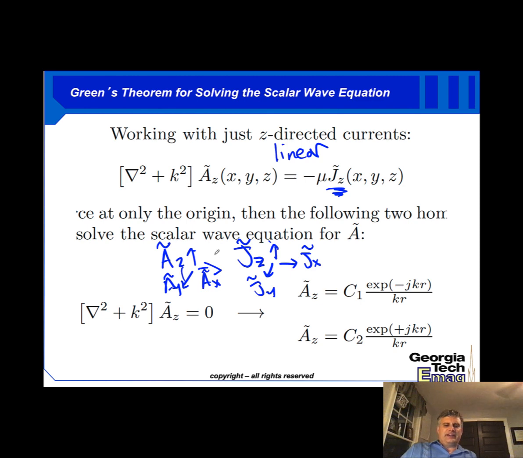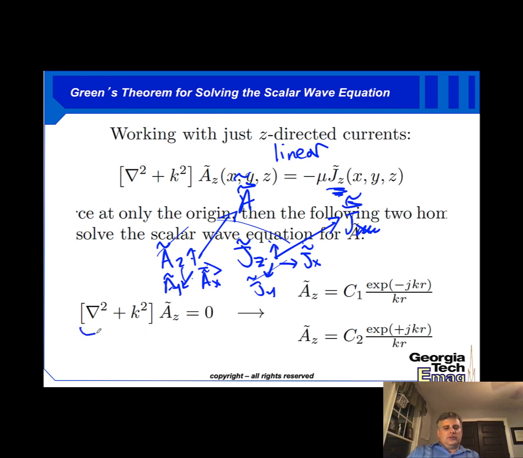And I effectively take a 3D problem like this and turn it into 3 separate linear problems that can be added together in any combination that I want to solve for an arbitrary J vector, which results in some sort of A vector that is similarly aligned.